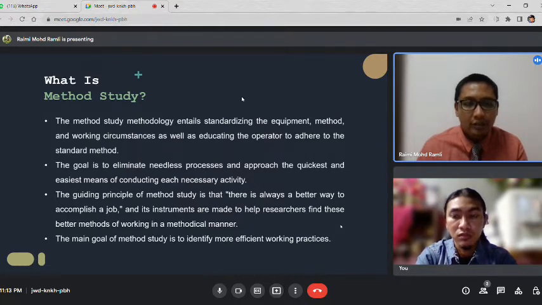The guiding principle of method study is that there is always a better way to accomplish a job, and its instruments are meant to help researchers find this better method of working in a methodical manner. The main goal of method study is to identify more efficient working practice.